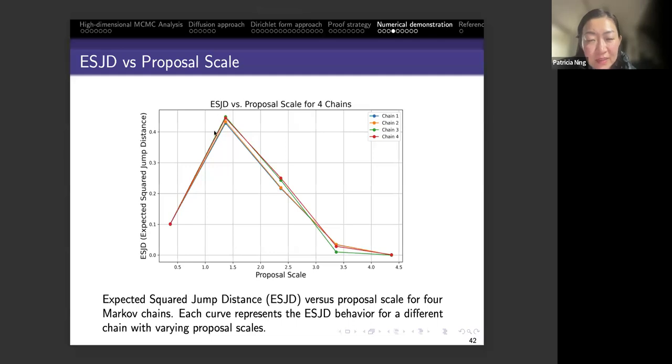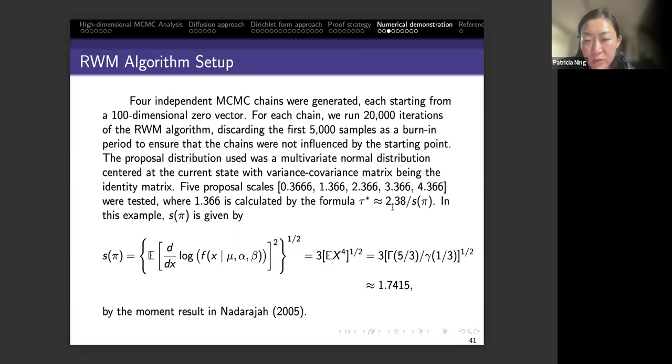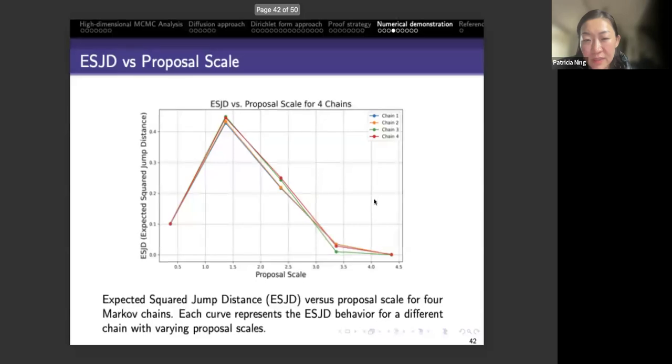So we can see the expected squared jump distance versus proposal scale for 4 Markov chains. Each curve represents the ESJD behavior for a different chain with a changing proposal scale. We can see at the point 1.366, this is the value of tau star. This value of tau, the proposal scale, gives the maximum.